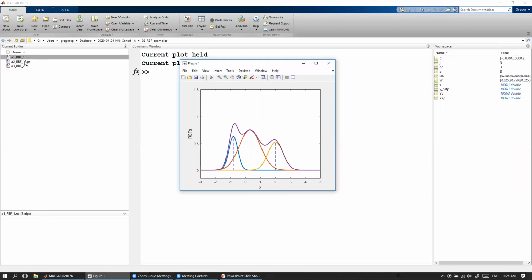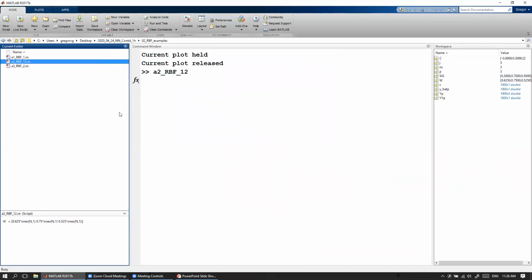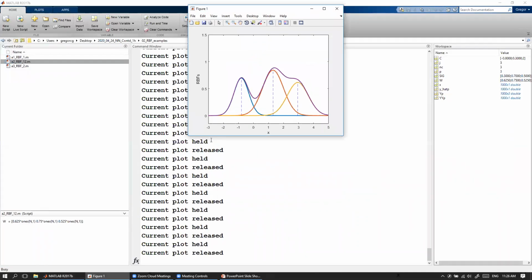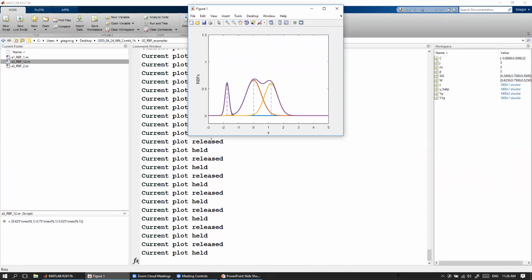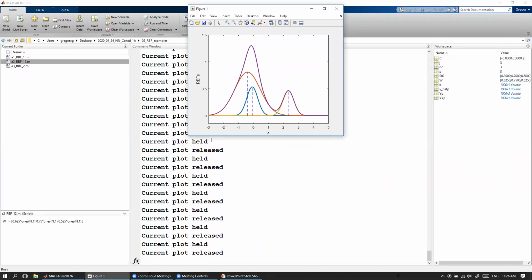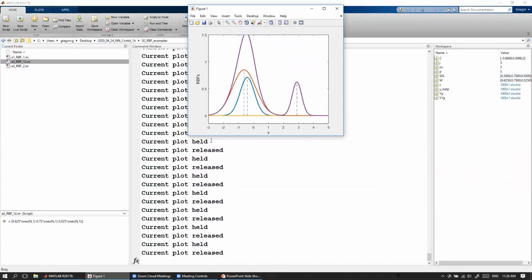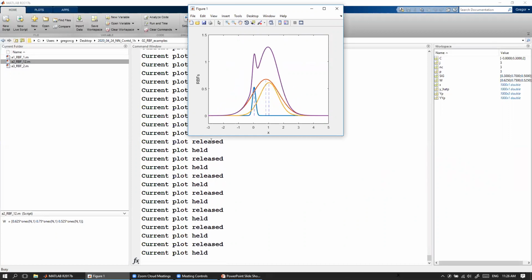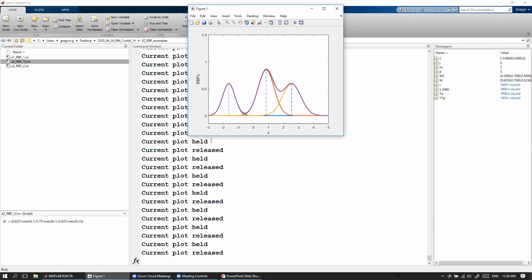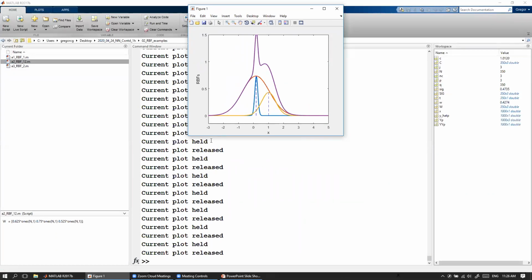This animation shows that the widths, weights, and centers move, not really randomly, but up and down. By changing the parameters of the neurons, we see that our purple function, the resulting function, changes significantly.